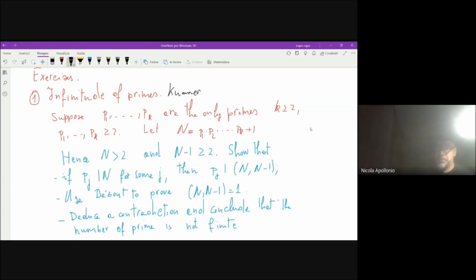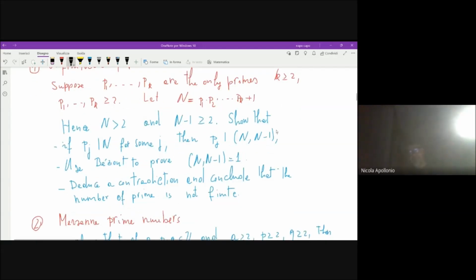List all these primes, and when you have listed these primes, you can build another number, capital N, which is the product of all the primes, plus 1, because they are k plus 1.